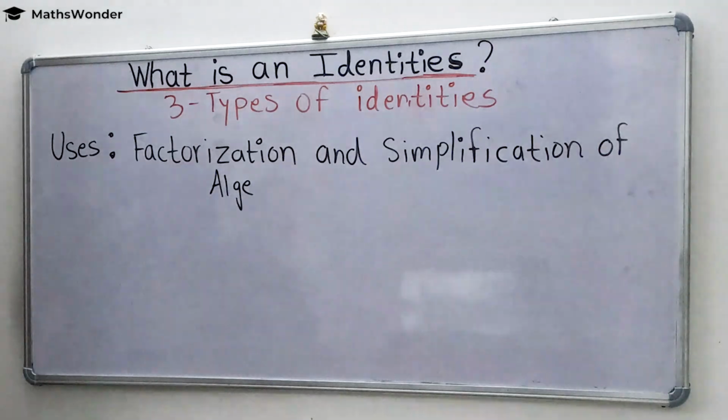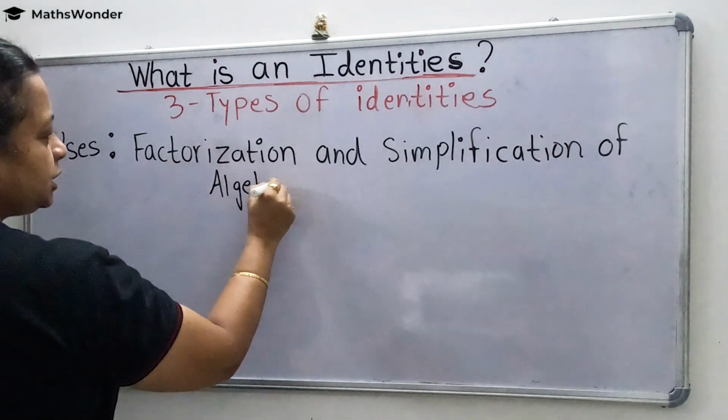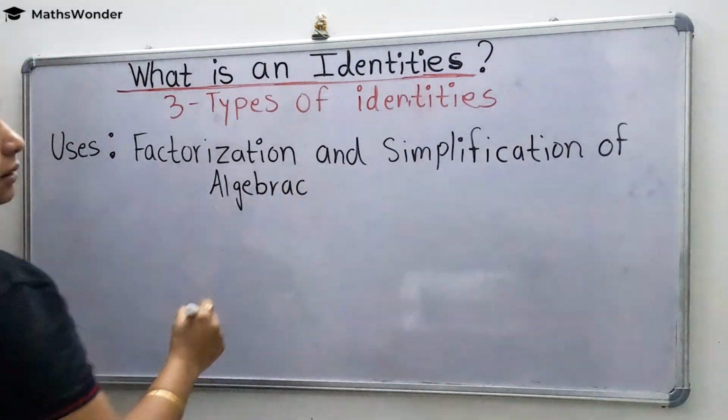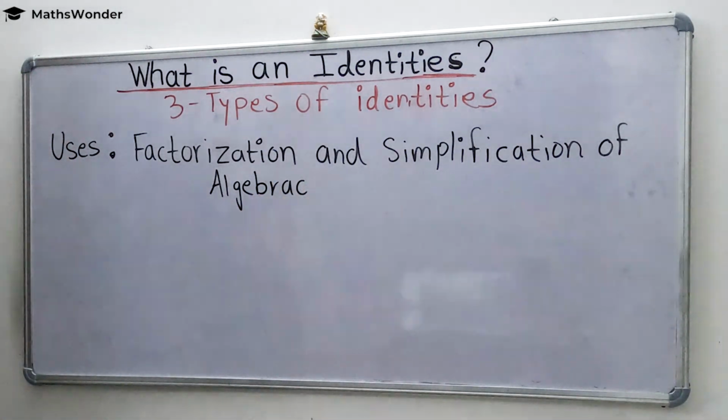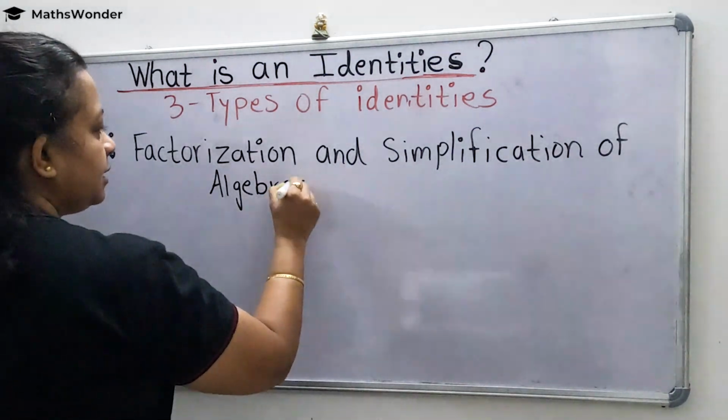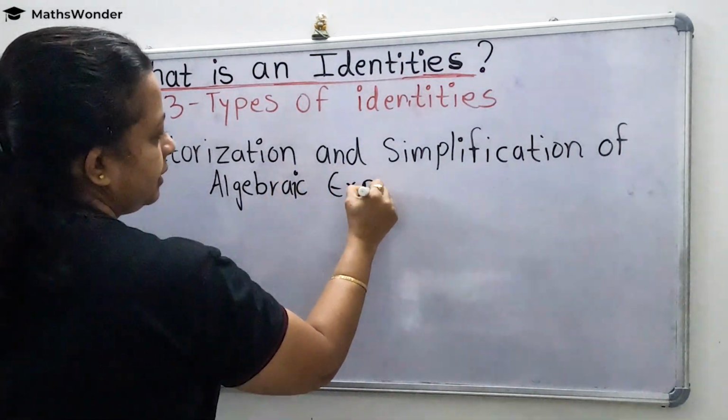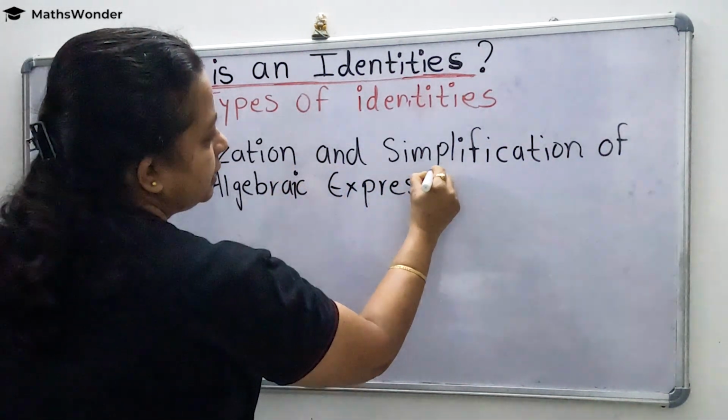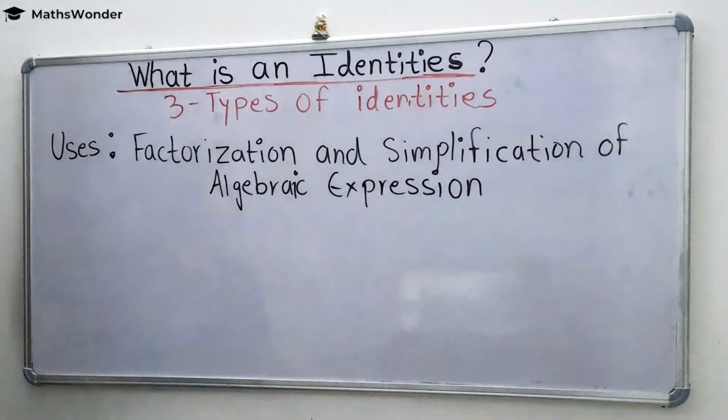Remember, we have learned this in the last grade: all types of multiplication. Remember the product: monomial by monomial, monomial by binomial, binomial by binomial, polynomial by polynomial. So these are the uses.